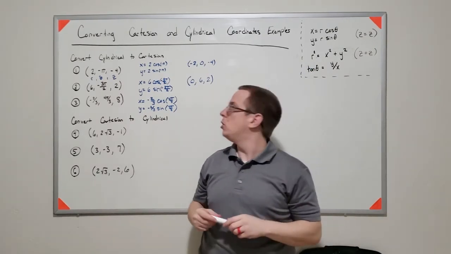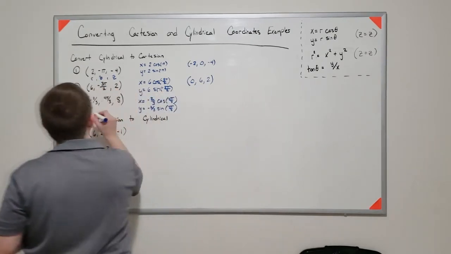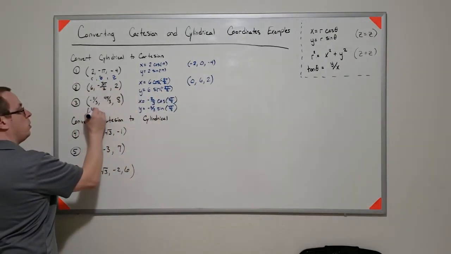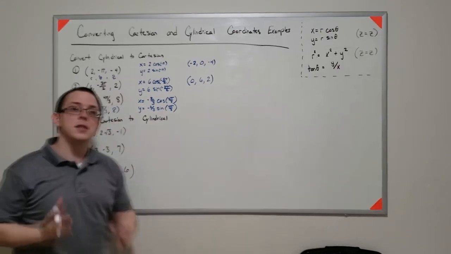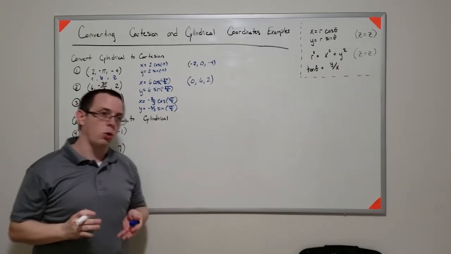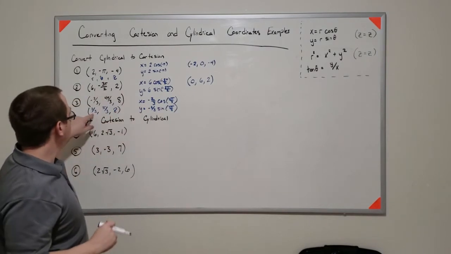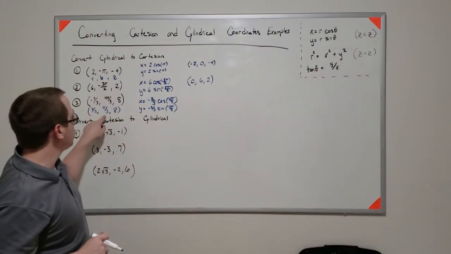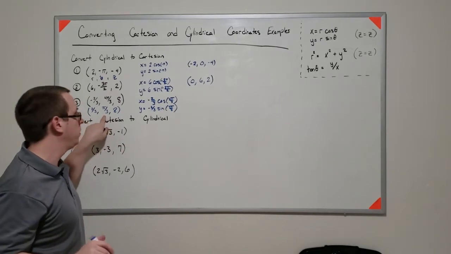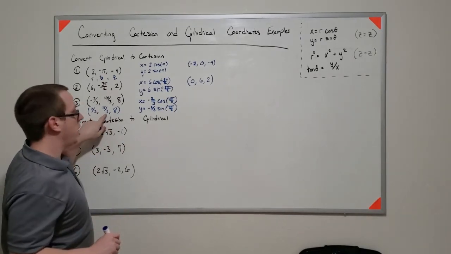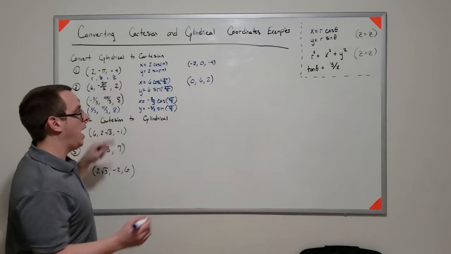So functionally, this is equivalent to 2/3, pi over 3, 8. Those would be the same cylindrical coordinate. So it may be easier to think about this. We're in the first quadrant, so we know that x and y should end up being positive. So cosine of pi over 3 is 1/2.